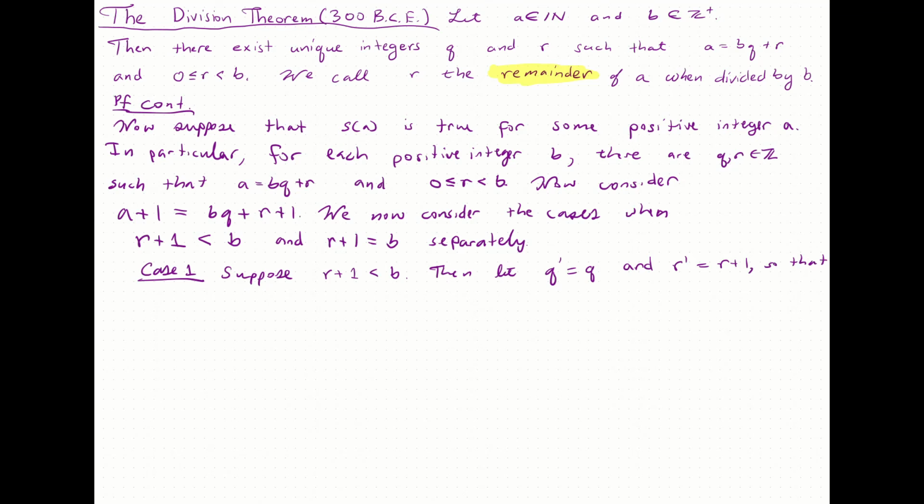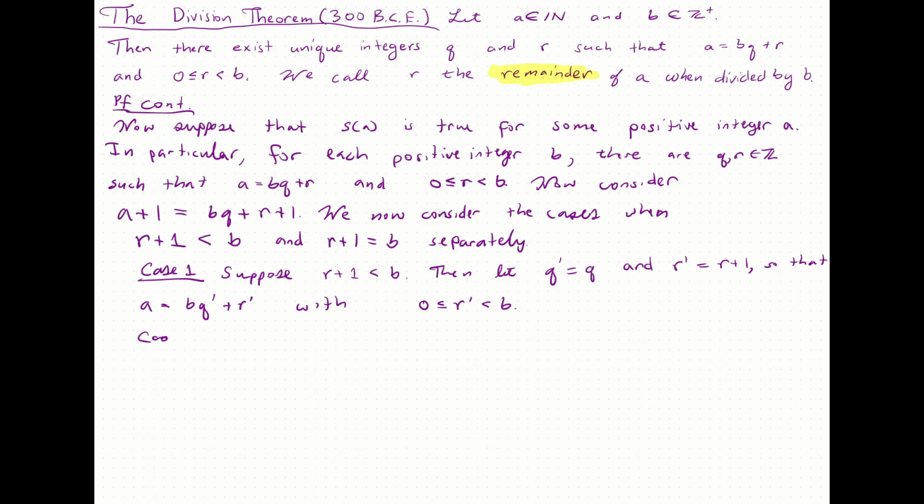So that we then have that A plus 1 is equal to B times Q prime plus R prime with R prime less than B by construction. And so we have essentially now gotten our existence in this situation, and we are done for that case.